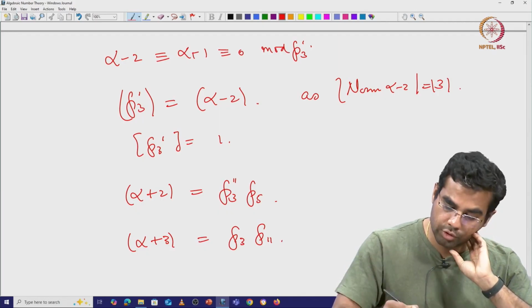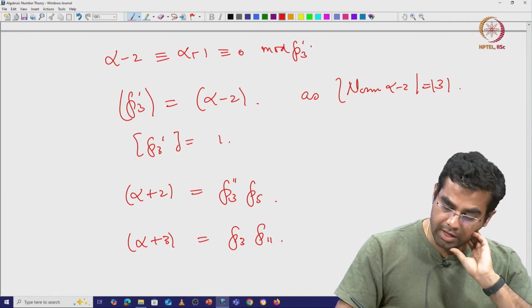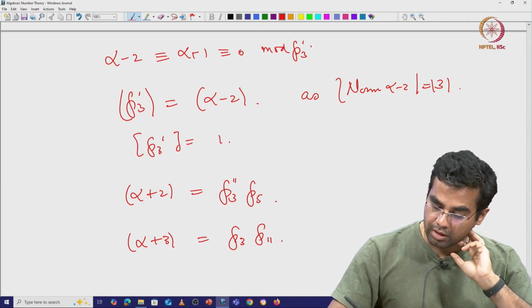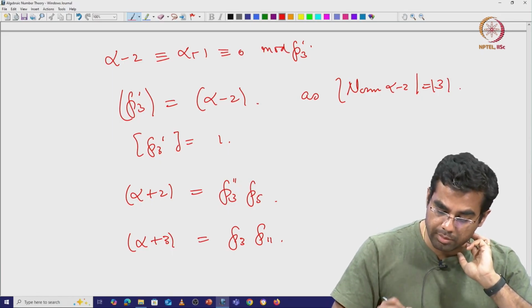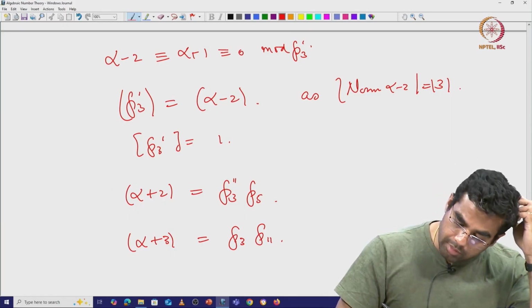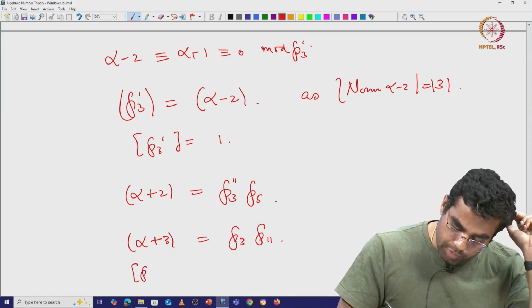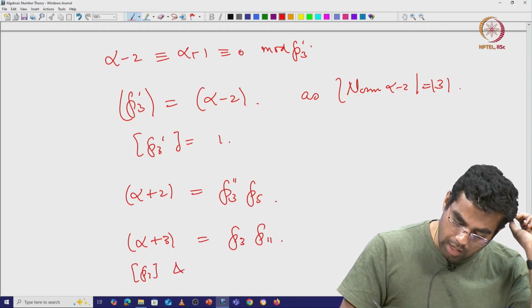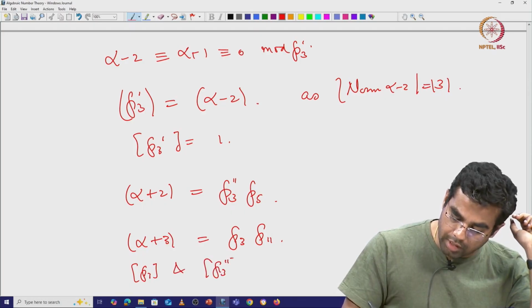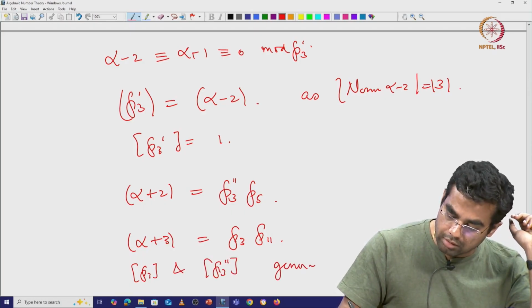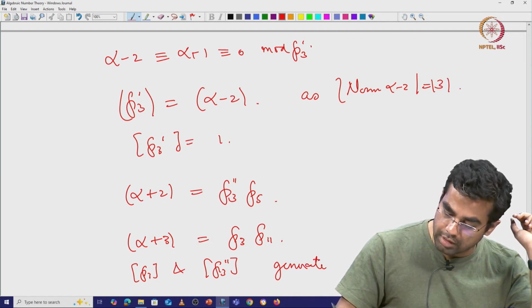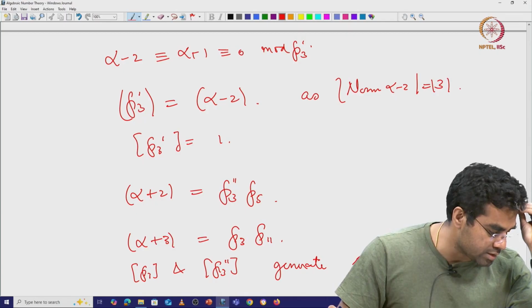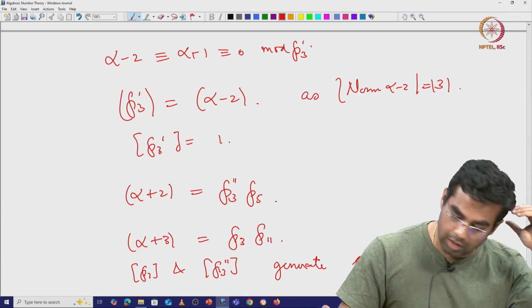And so P5 and P11, they kind of are taken care of by P3 and P3 prime and P3 double prime, and P3 prime is anyway 1. So, P3 and P3 double prime generate the class group, right. That is what we have proven up to this point, right.